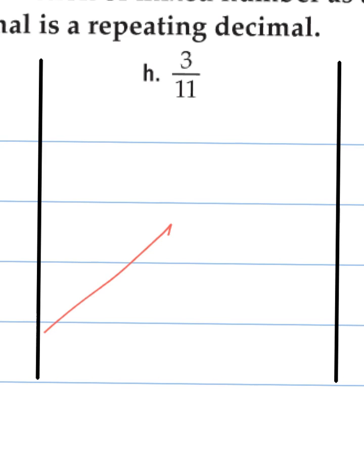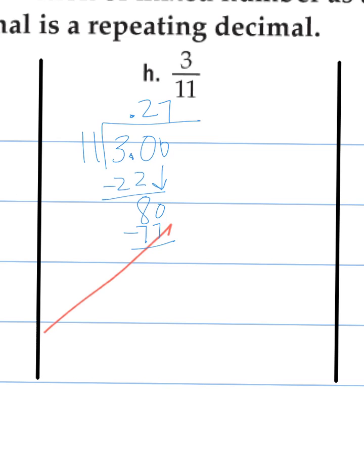3/11. See how many times 11 goes into 3? Well, it doesn't, so we add our decimal and a 0. 11 goes into 30 2 times. 11 times 2 is 22. Do our long division here. Keep adding zeros.